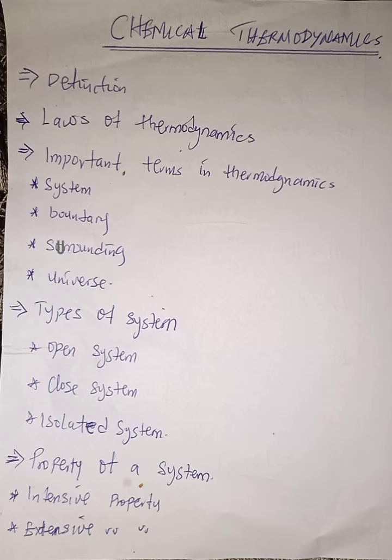That law talks more about absolute zero entropy. When the temperature of a system reduces to its minimum, absolute zero, the entropy of that system will reduce to its constant value.